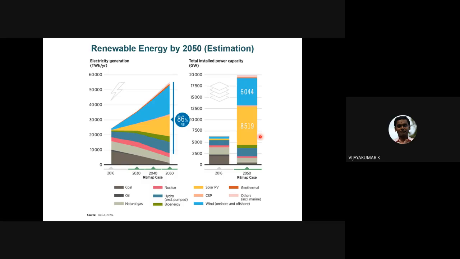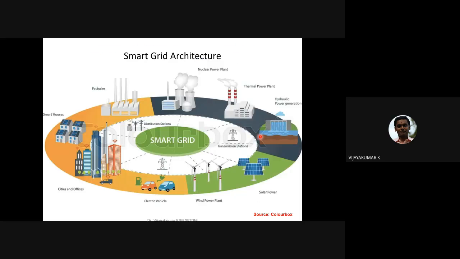When we come to the restructuring of the electrical network, earlier we had the conventional grid, and now we are moving to smart grid systems. In a conventional power grid, you have the power generation, and the power generated from these sources is transmitted and distributed to your loads.